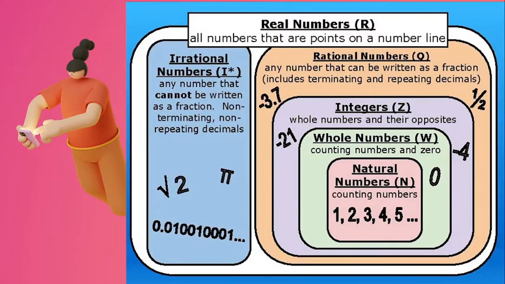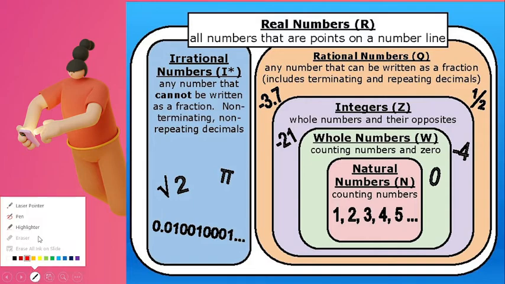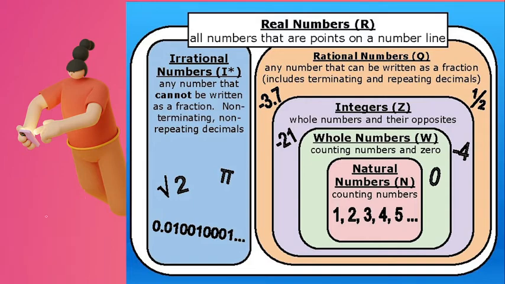Before we discuss the rational expression, let's review the real numbers, denoted by R. These are all numbers that are points on a number line. Sir, what is a number line? Okay, number line. I illustrate the number line, students.